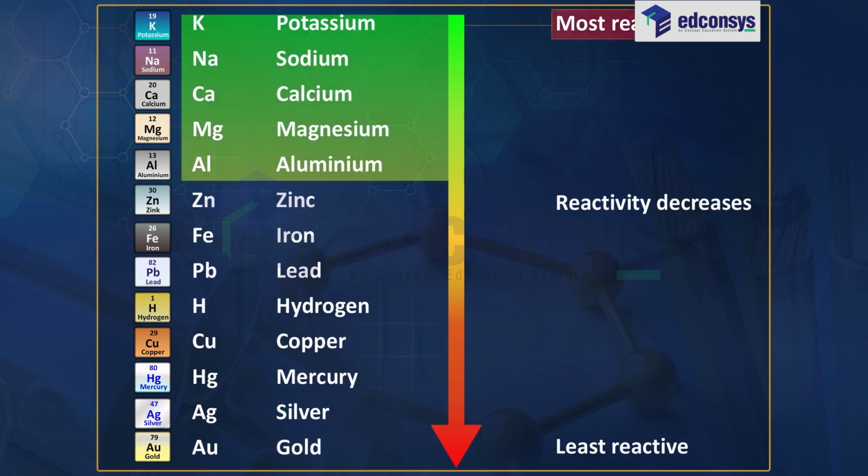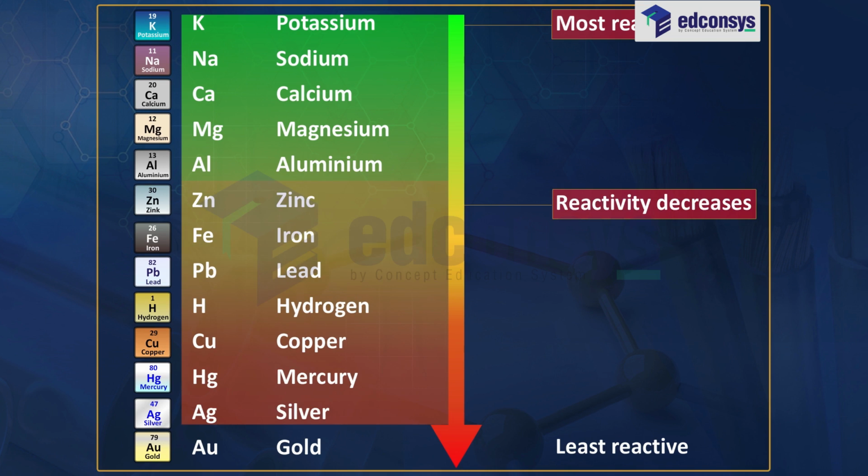These metals are more reactive. Zn zinc, Fe iron, Pb lead, H hydrogen, Cu copper, Hg mercury, Ag silver. These metals' reactivity decreases. Au gold is the least reactive metal.